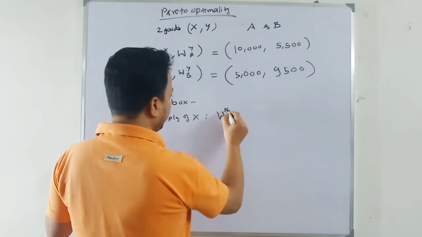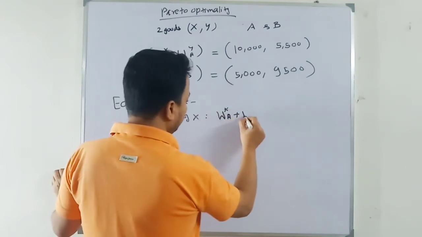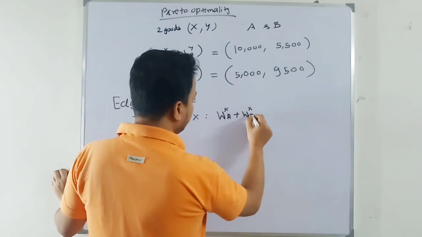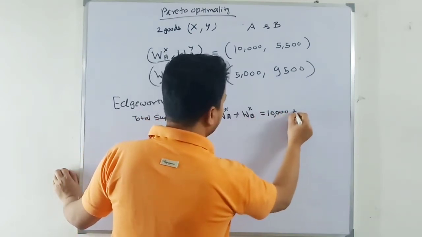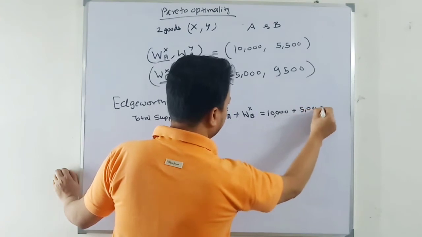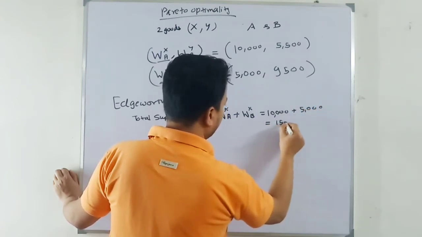So the endowment of good X with consumer A plus the endowment of good X with consumer B is 10,000 plus 5,000. So I get 15,000.